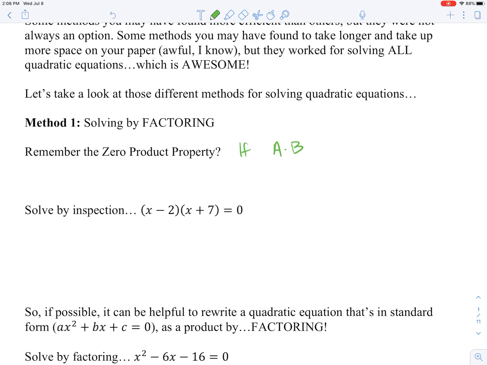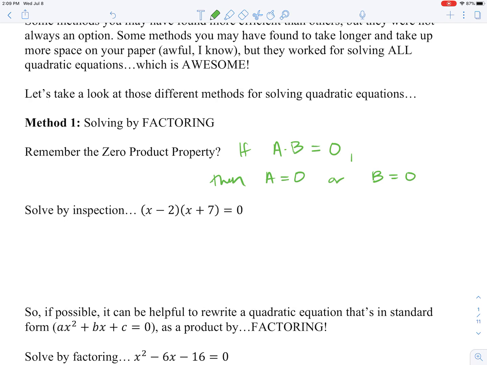So if you remember the zero product property, it's really important. It says that if you have a product equal to 0, so let's say A times B equals 0, that means that at least one of the factors must be equal to 0 to make that a true statement. So either A is equal to 0 or B is equal to 0.